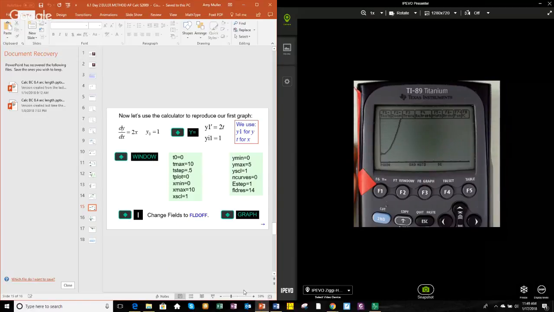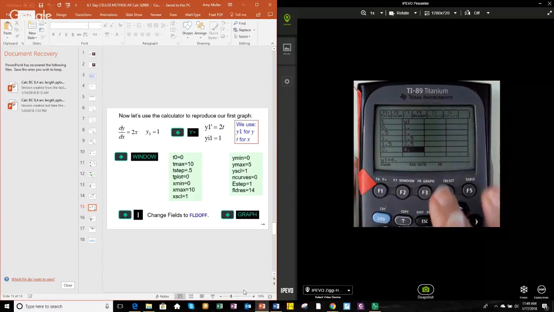Enter. And now let's go diamond table. And there's the Euler's method, right? We went 0, 1, and we went 0.5, 1.5, 1, 2.5, and 2, 4, which is really cool because that's the Euler's method that we used earlier.